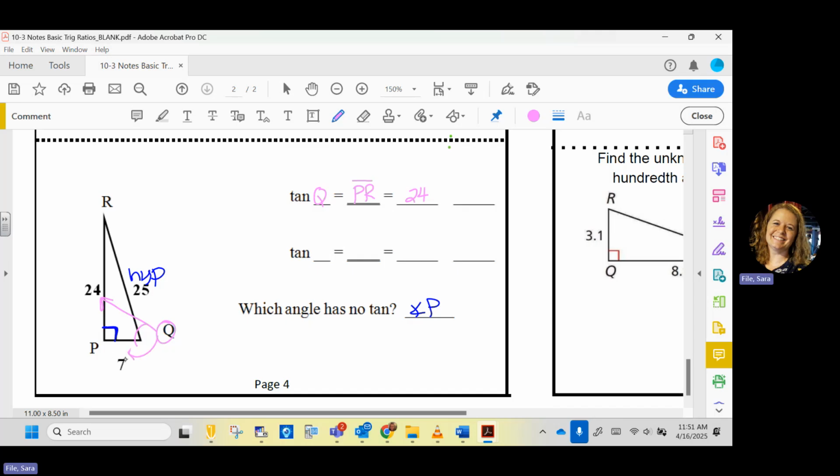Adjacent to it is the 7, which is side PQ. But if I switch and I measure from angle R, now 7 is the opposite and 24 is the adjacent. All right, so I'm going to stop that video here.